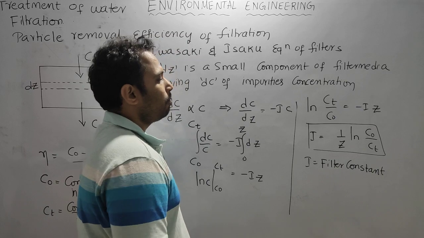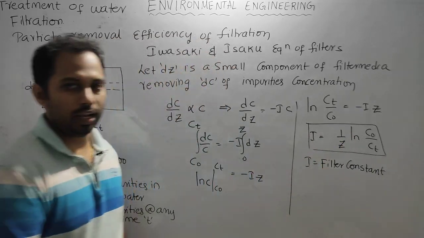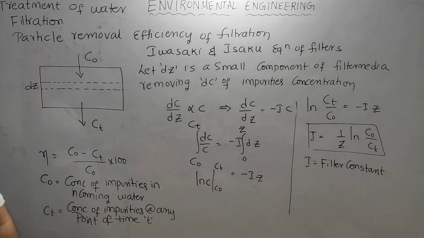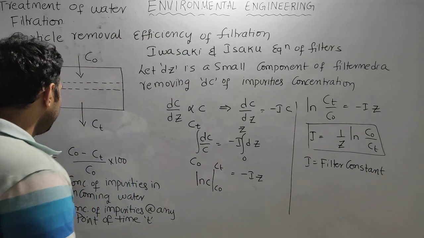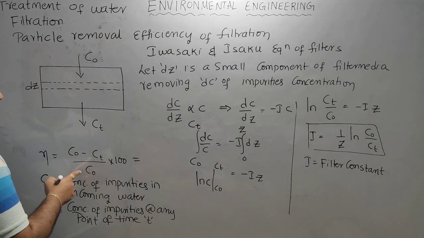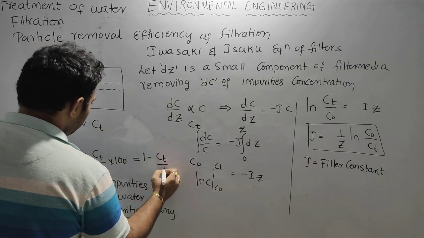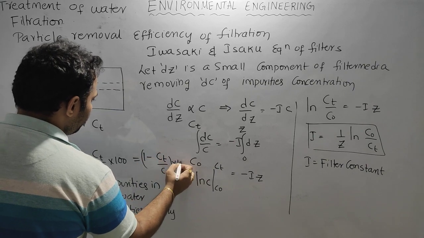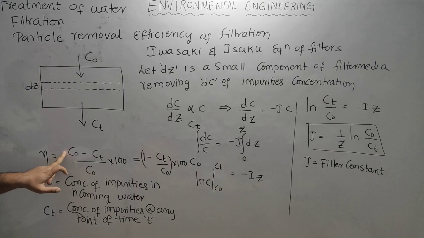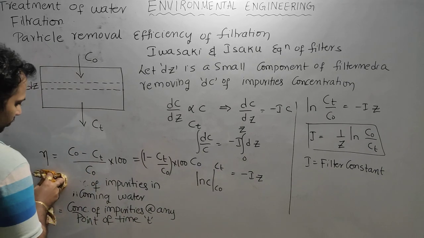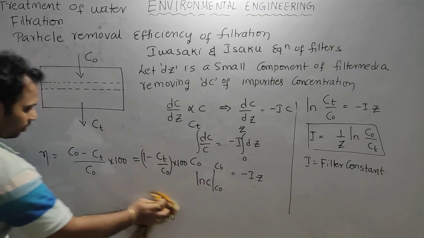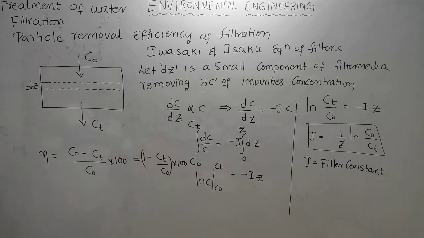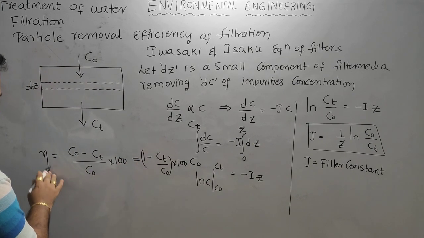Now here I can rearrange these terms. So I can write this efficiency as C naught by C naught minus Ct by C naught into 100, which is equal to 1 minus Ct by C naught into 100. Okay, so this is efficiency in percentage.